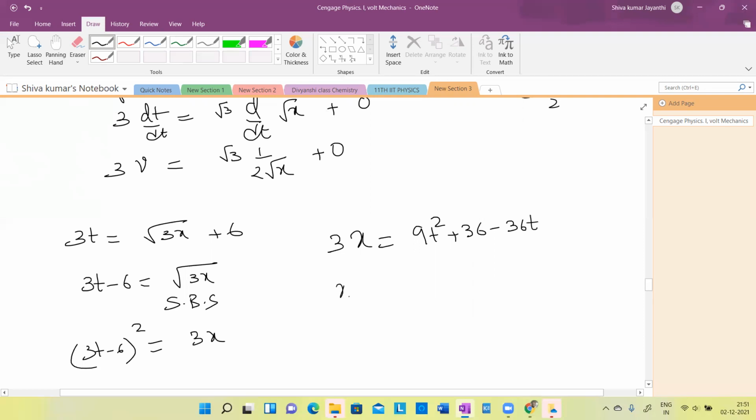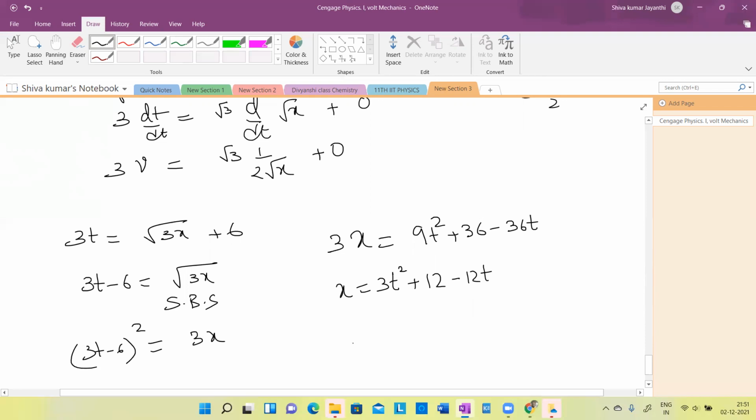This is your x equal to equation. You can divide by 3. 3t square plus 12 minus 12t. This is your x equation.